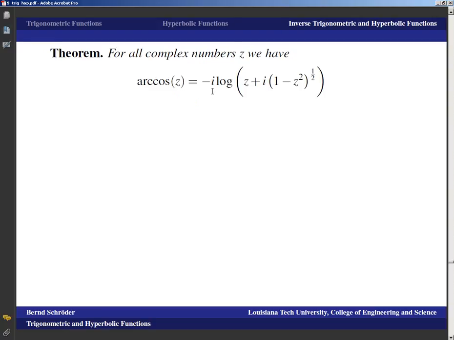of z, is negative i logarithm of z plus i times (1 minus z squared) to the 1/2, where the right side is a multivalued function, which is of course sensible because the cosine hits every value between -1 and 1 infinitely many times, and if I remember correctly, the cosine hits every complex number infinitely many times.